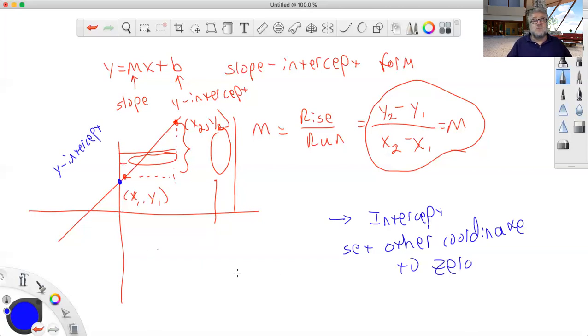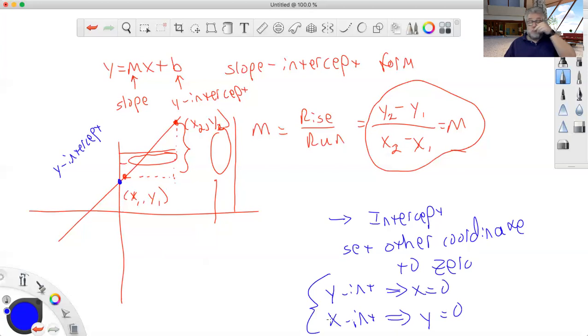So if I'm looking for the y-intercept, then I'm going to set x equal to 0. If I'm looking for the x-intercept, then I'm going to set y equal to 0, okay? So that's the rule for intercepts.